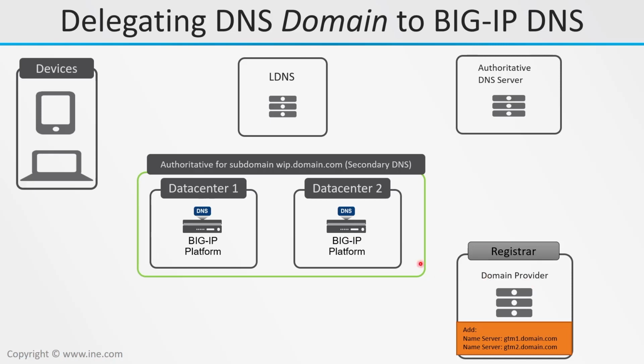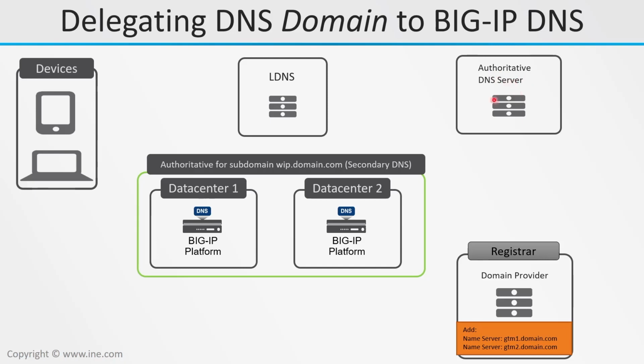In this example, the DNS platforms are acting as authoritative for the subdomain wip.domain.com. The domain.com is registered through the registrar to the domain provider for registering .com domains, and to manage domain.com, we're using an external DNS server.